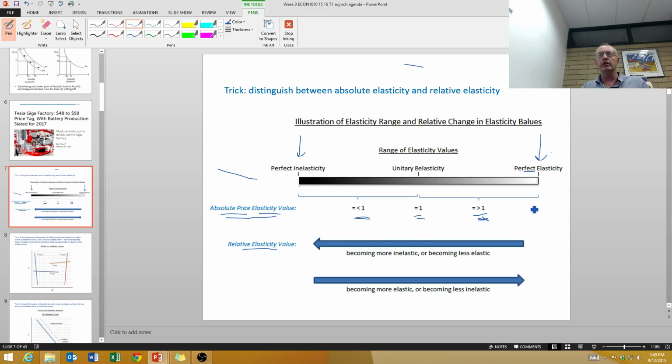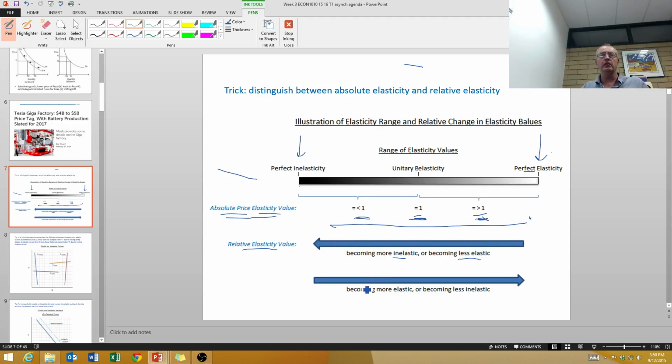And so if our starting point is up here, and we have a product that is elastic, and price changes, it can become relatively more inelastic or absolutely less elastic. So we don't have to calculate these figures all the time. We can just speak in a relative sense.